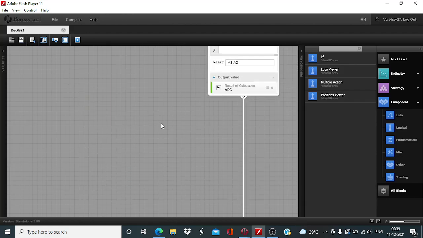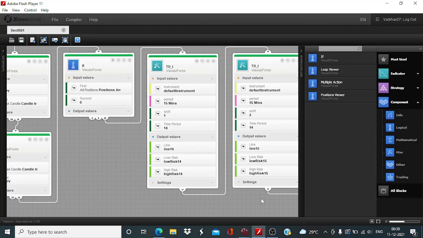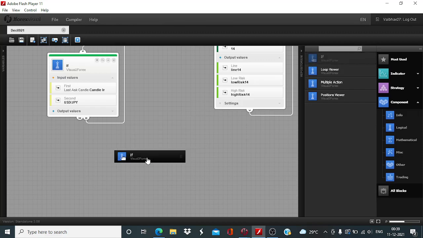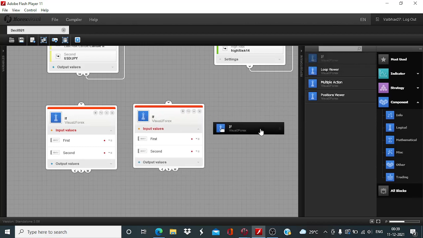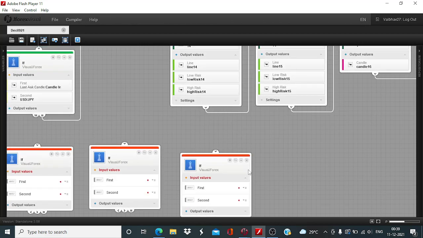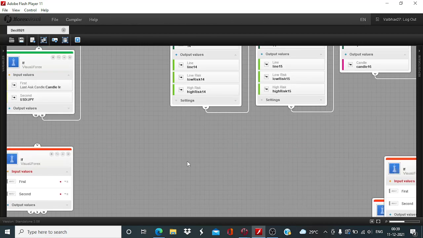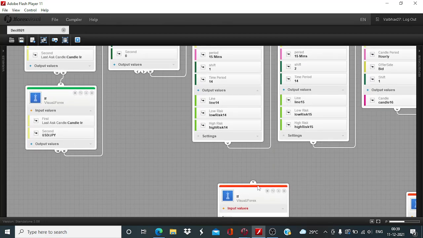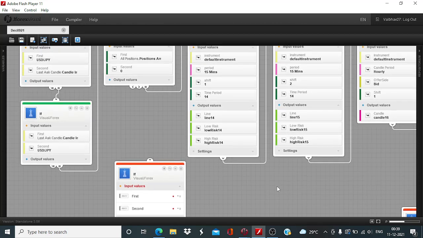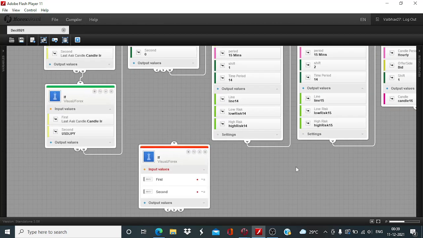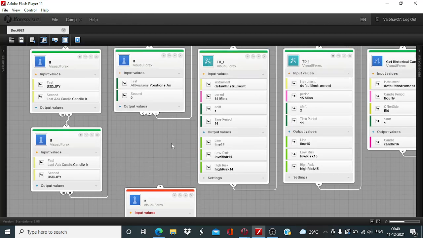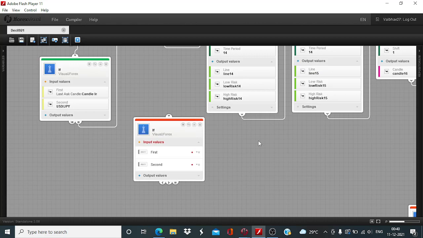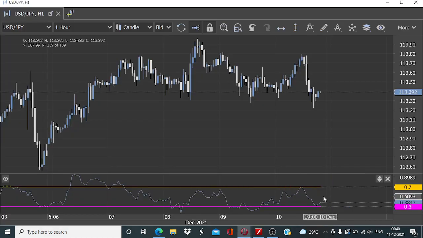Okay. Now, here we have to check if the line 14, which is the output value of the TDI for the last 15 minutes, is higher compared to the 0.3, which is the high risk parameter.